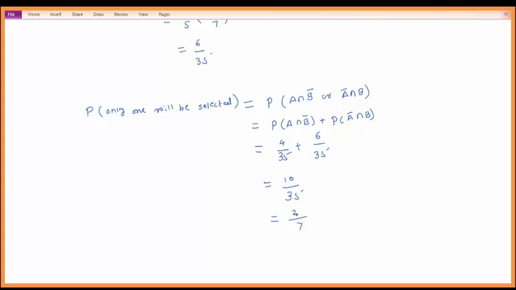This is equal to 2 by 7. How is this 2 by 7? 5 2s are 10 and 5 7s are 35. So probability of only one will be selected is 2 by 7. Hope you understood, students. Thank you.